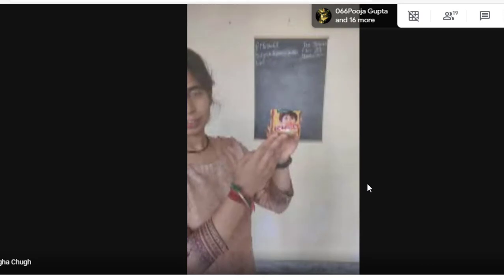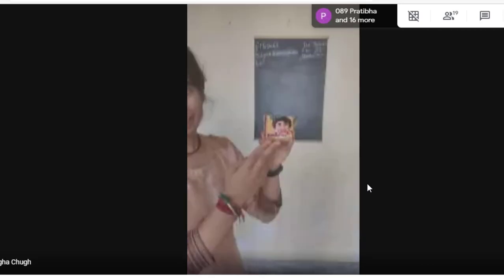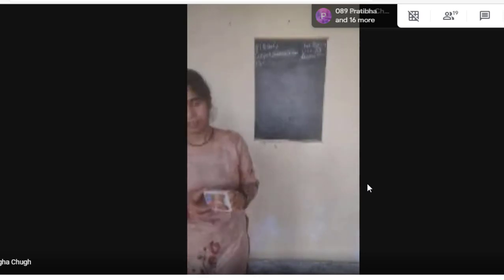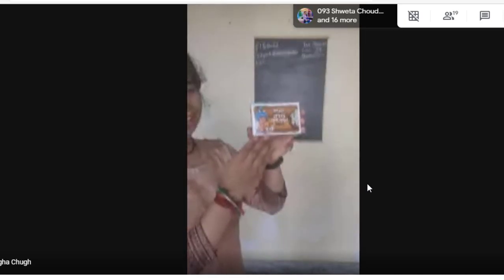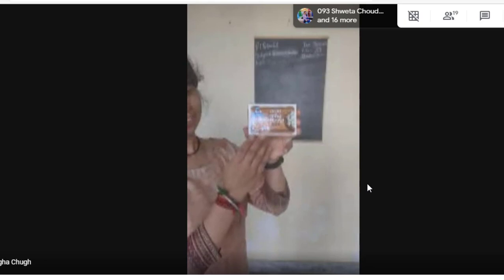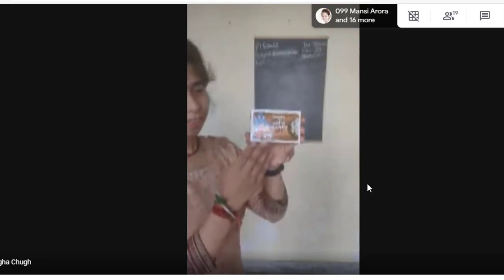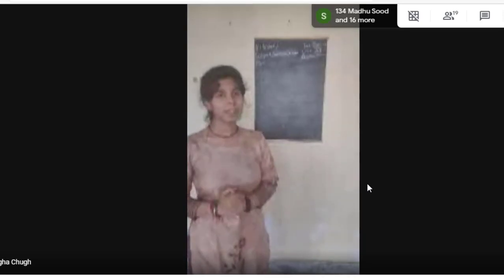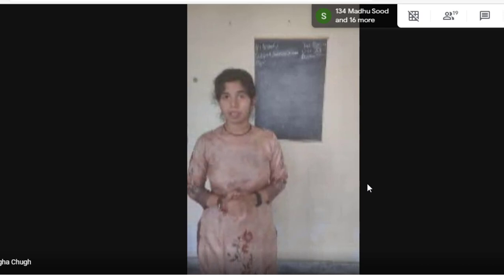Very good. And the name of this product? Amul butter. Very good. Students, now tell me, what is the process of giving a name, sign or a symbol to a product?